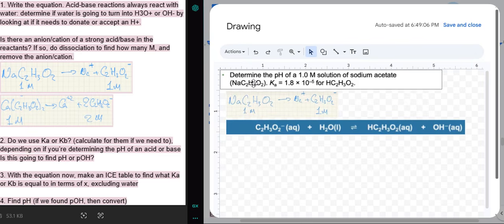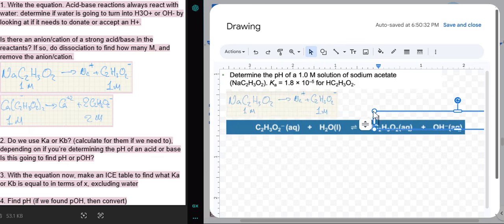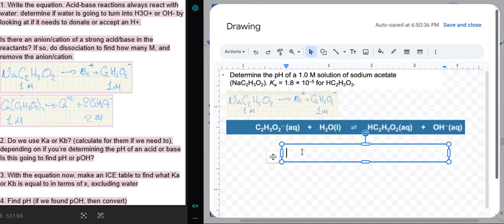We're finding the pH of a base, because this accepts a proton from water. So we're finding the pH of a base. So that means we're using Kb.